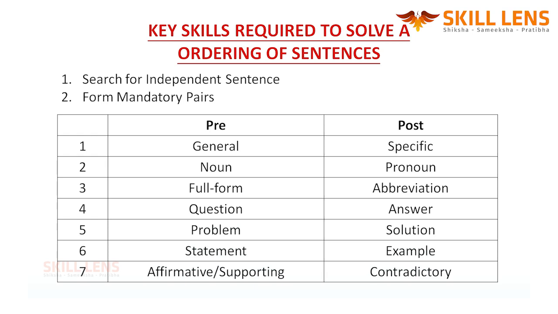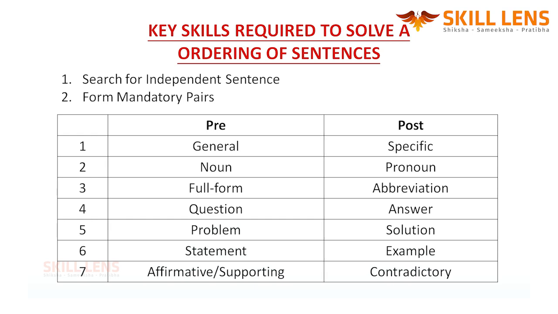Similarly, we follow the other mandatory pairs, that is, a question followed by an answer, a problem followed by a solution, a statement followed immediately by an example. We also form a mandatory pair using supporting signal words or contradictory signal words. Support signal words, as the name suggests, are words that support the ideas that the author has written in the paragraph.